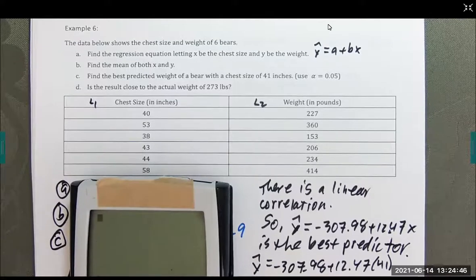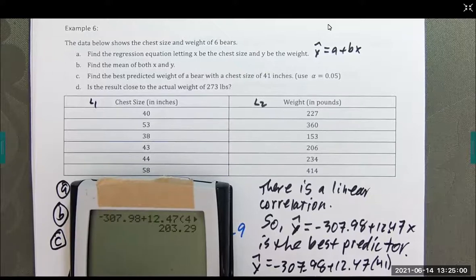So -307.98 plus 12.47 times 41. So this is about 203.29 pounds is our predicted value.